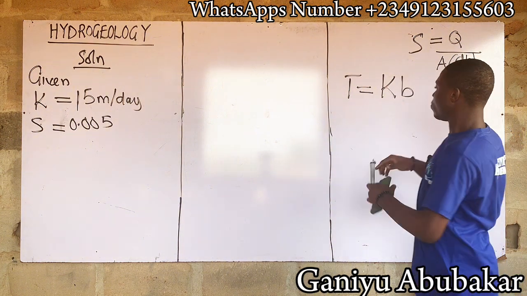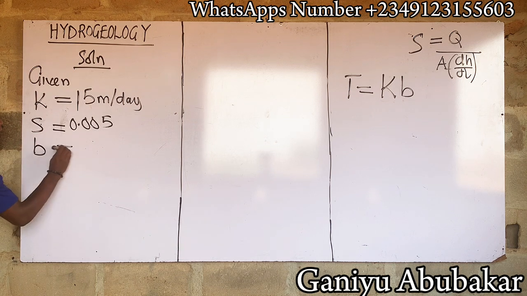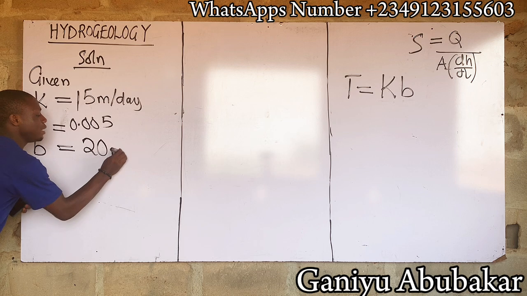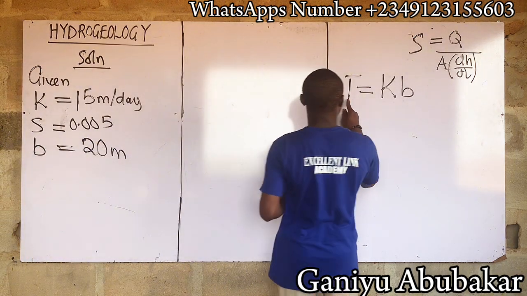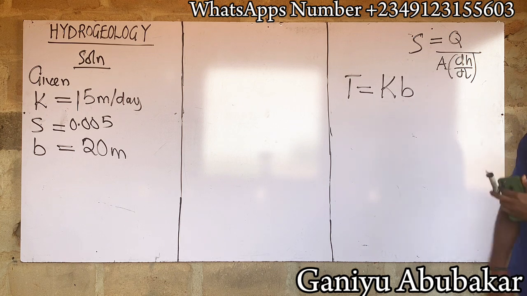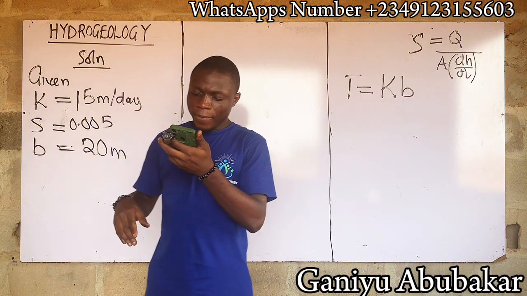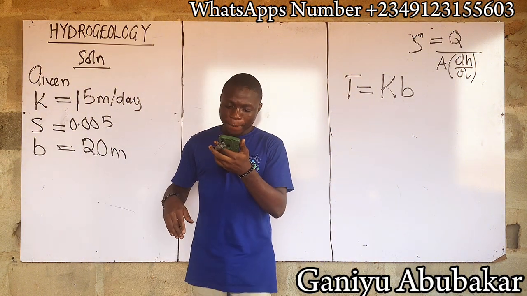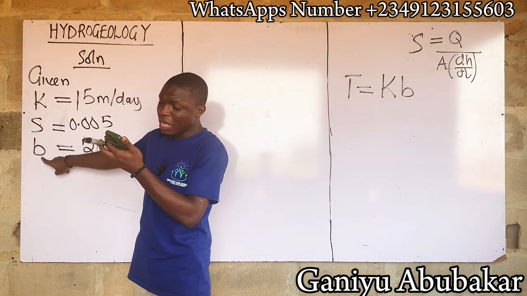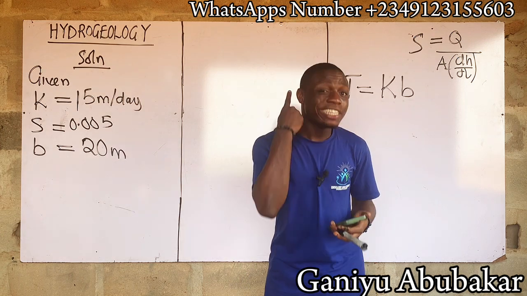So I'm given thickness B as equal to 20 meters. Please note that transmissivity is equal to conductivity times thickness. All right, next up. So the aquifer is 20 meter thick, so that's B, thickness, and it is pumped at a rate of 2725 meter cube.